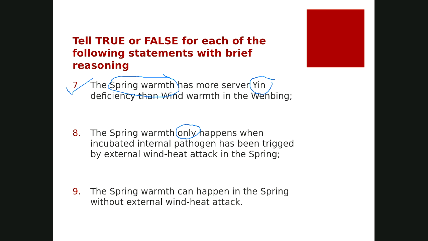If they said it's possible, that would be correct, but because they said only, it is wrong. And we all know the pathogens can also come out without any trigger by external pathogens. Incubated heat can come out of the body just by the season changing. Atmosphere changes can trigger these incubated pathogens to come out to the surface. So this is incorrect. Thank you.